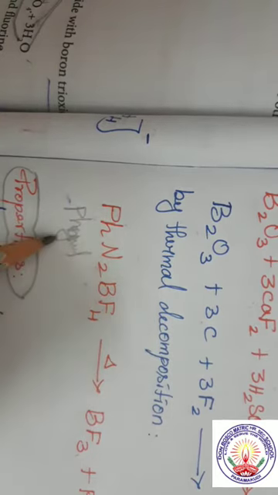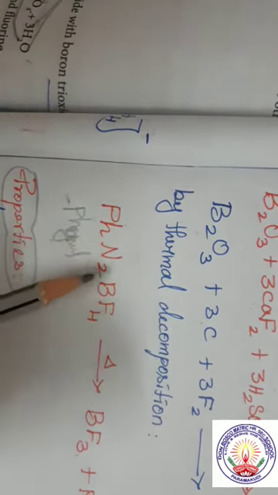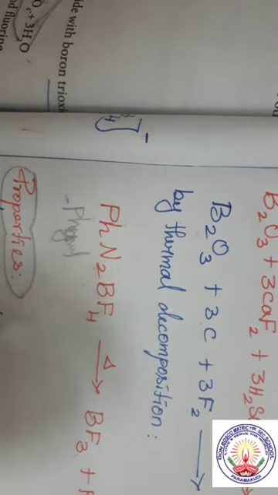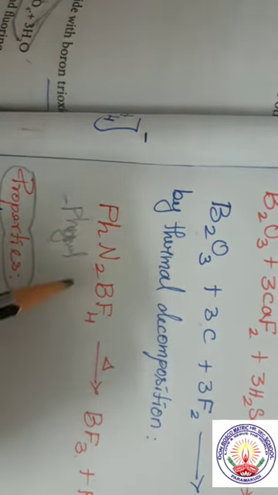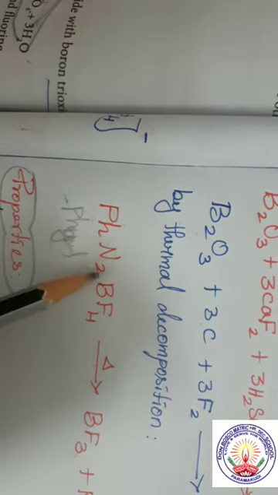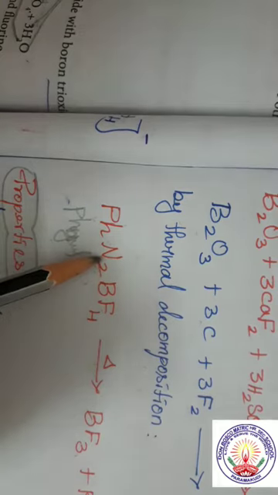Benzene diazonium: Ph is phenyl, and azo means nitrogen. So we have diazo, which shows N2, 2 nitrogens.